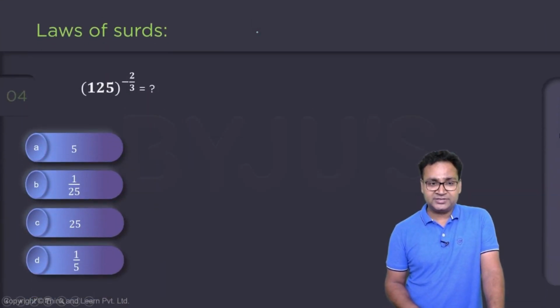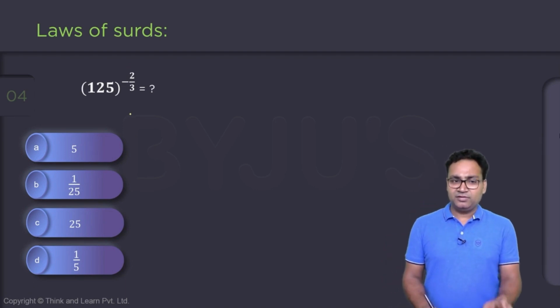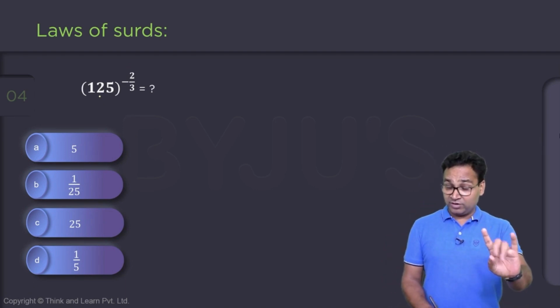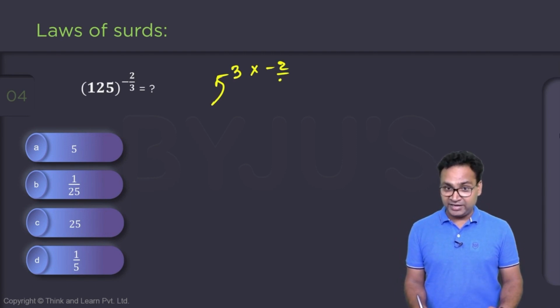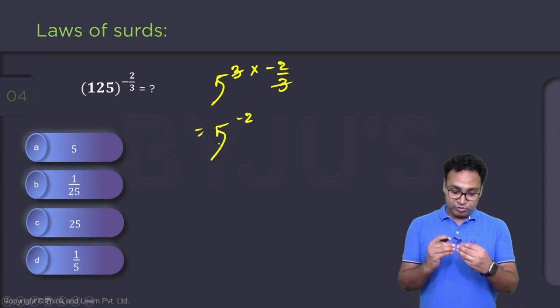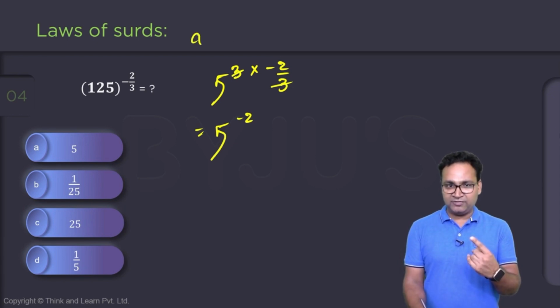Let's look at this: 125 power minus 2 by 3. How to handle this, guys? You must be knowing the power of 5. 125 is 5 cube. Whole power means multiply by minus 2 by 3. 3 and 3 cancel, so it is 5 power minus 2. Now you must have remembered a power minus n.